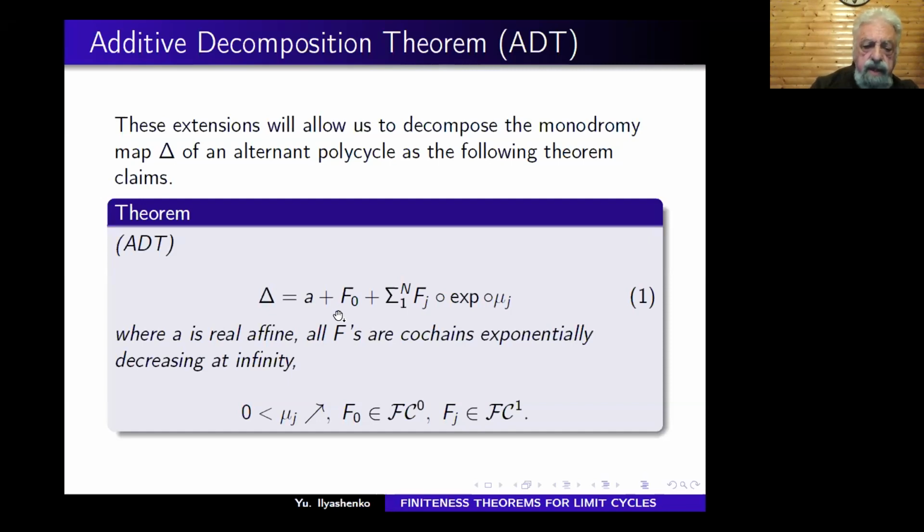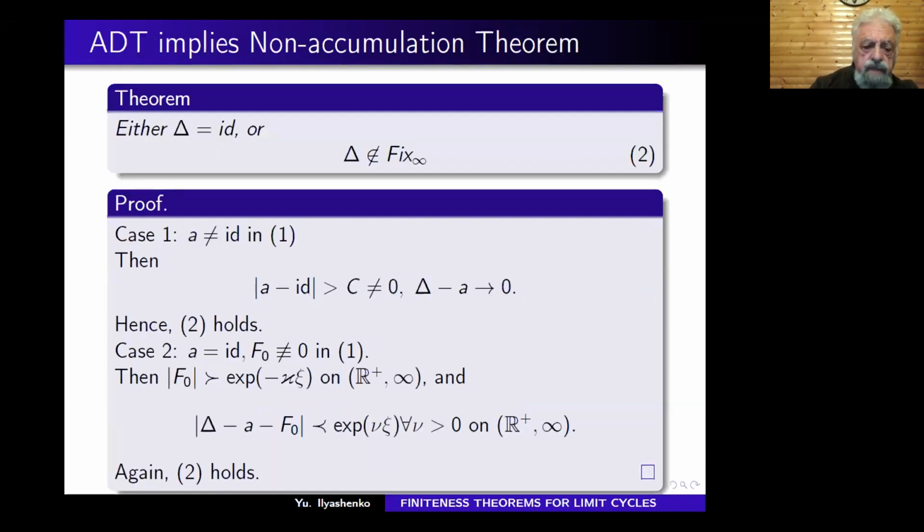This is case one. Case two will be when A is identity and F0 is non-zero. Case three will be when A is identity, F0 is zero, and some of these terms is non-zero, or else delta will be identically zero. So there are three cases. I analyzed the first one.